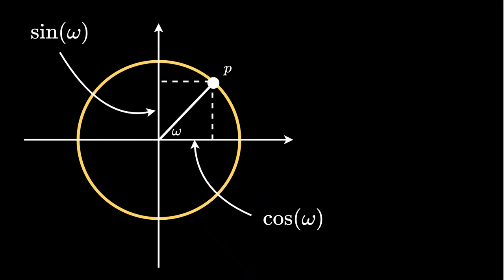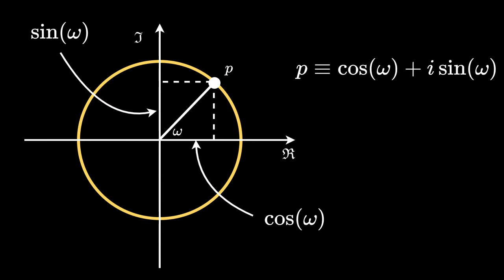As you can see here, the projection onto the real axis is cos omega, and the projection onto the imaginary axis is sin omega. Using these projections, we can write this point P in Cartesian coordinates like this.